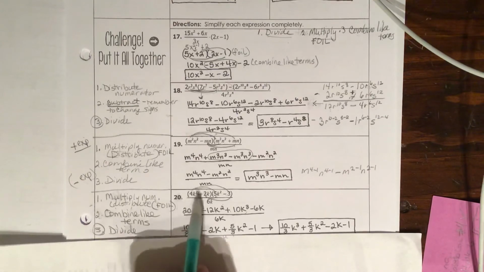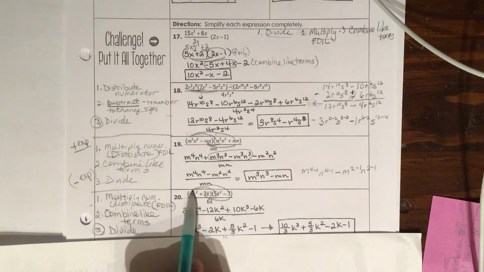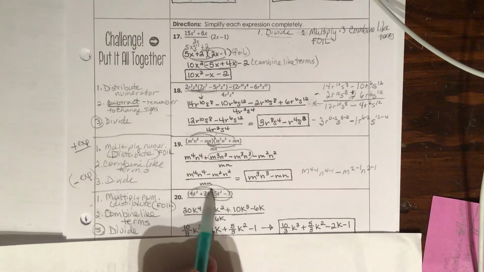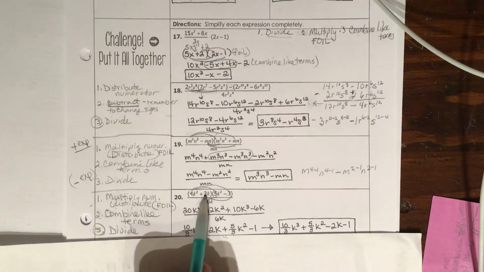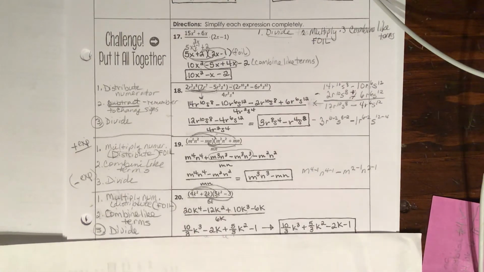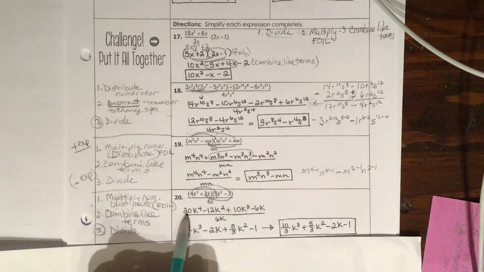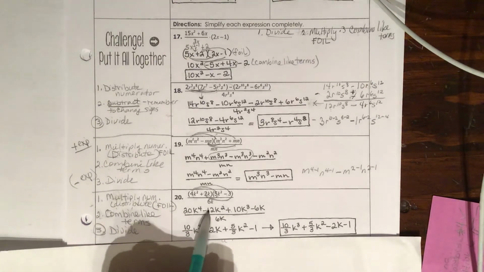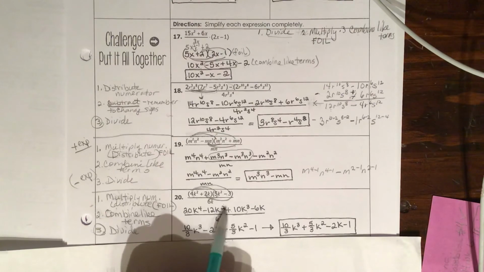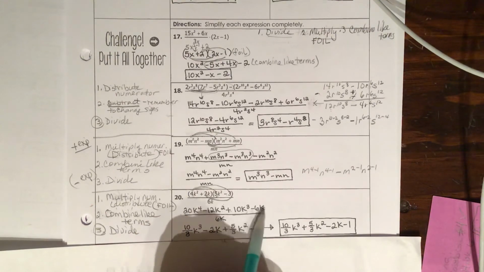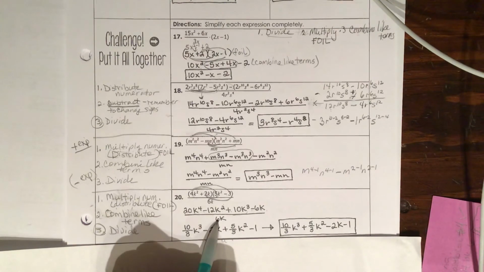Okay, first and last. So you start with the outer, and you go the first term, inner, then outer. Then the second term, inner, then outer. Okay, and then it's 20k minus 12k squared plus 10k cubed minus 10k over 6k.